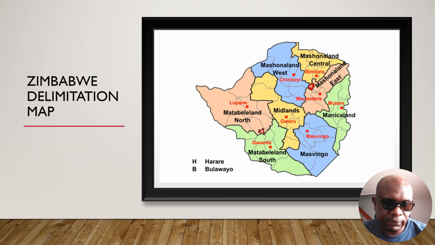So this is how the electoral map is designed. You also see the tiny metros, our big metros, Harare and Bulawayo. We have Harare here, Bulawayo here. So right, let's proceed.